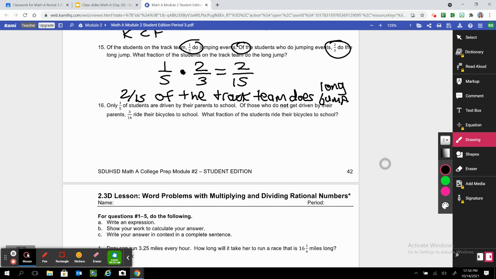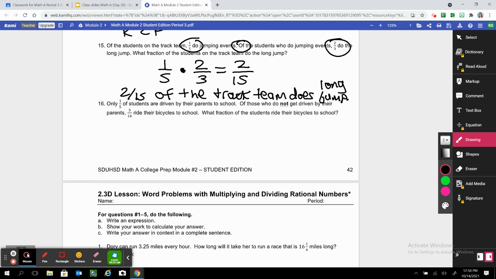Okay. And this last one says only 1/5 of students are driven by their parents to school. Of those who do not get driven by their parents, 3/16 ride their bicycles to school. What fraction of the students ride their bicycles to school? So we have 1/5 is driven. So let me write that down because we're actually looking for not driven.